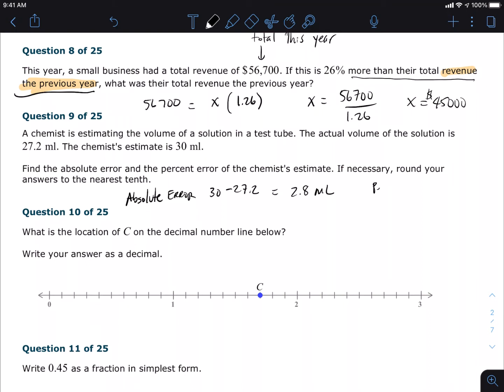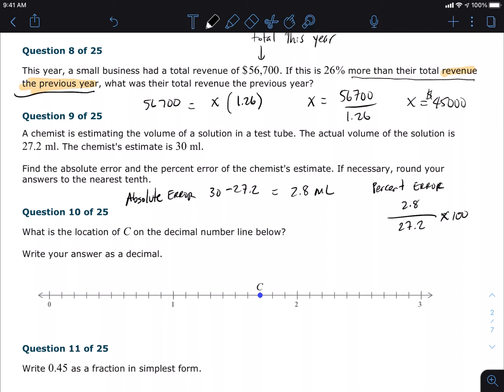And then the percent error will be that 2.8, I think I said 2.7, I'm tripping, 2.8 divided by what is the actual, right? Which is 27.2. And then we multiply that by 100 to get our percent.